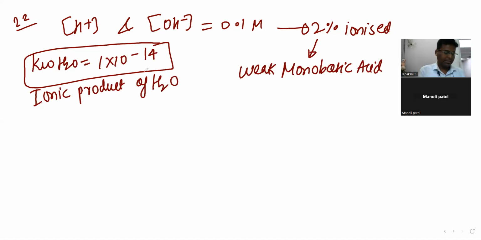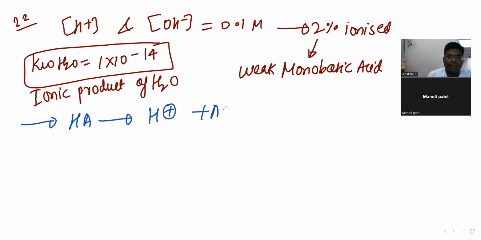Right. So see the next part, the explanation. Generally we represent acid as HA, and it dissociates into H plus and A minus. So H plus ion concentration will be the concentration into alpha, that is the degree of dissociation.